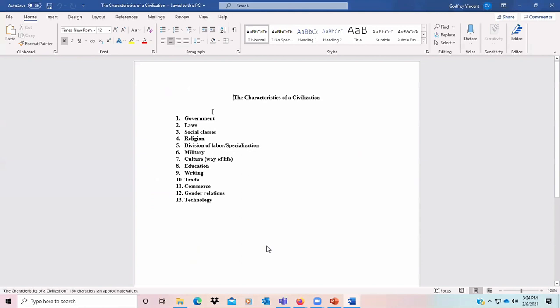All right, so here we have some characteristics of civilization. Government. So if we want to talk about ancient Egypt, there's a government.